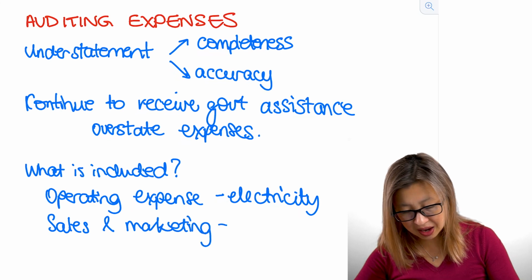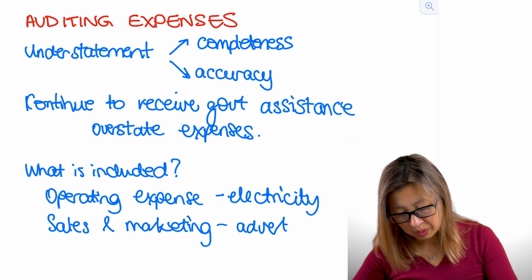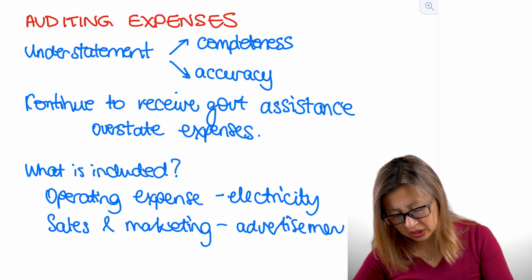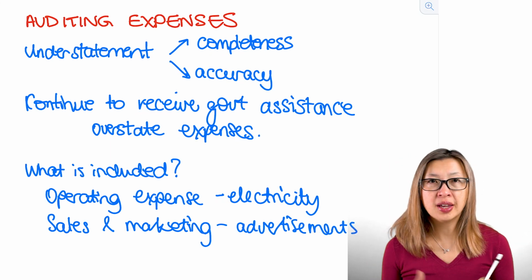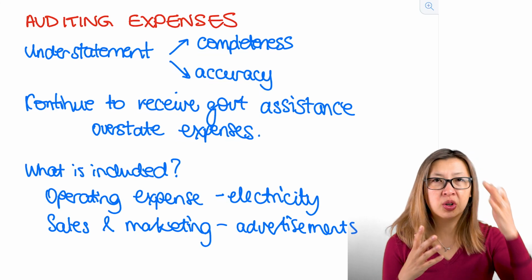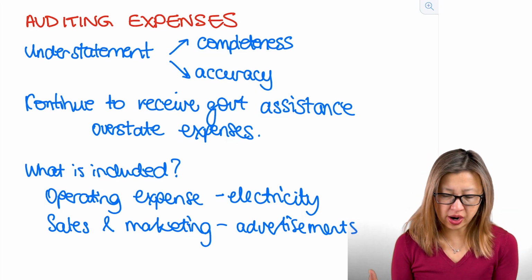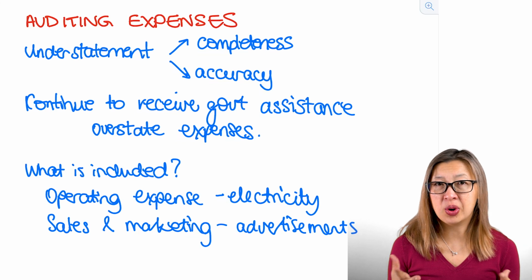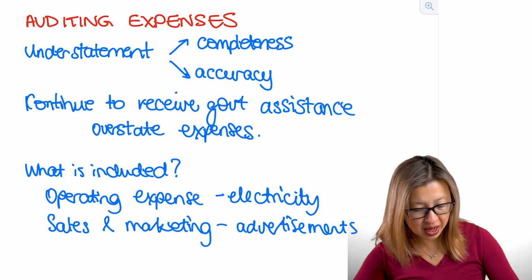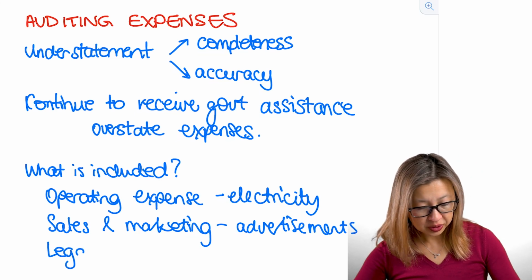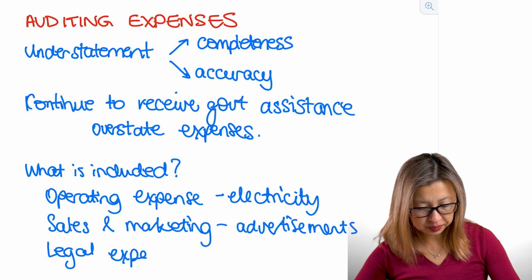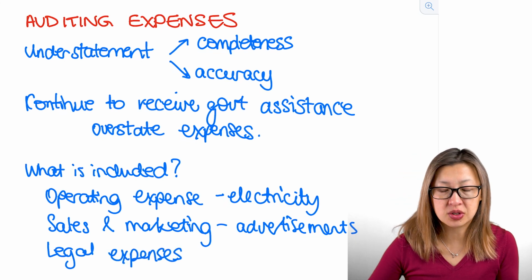So that could be advertisements, packaging, all sorts of other things. So in terms of looking at the expenses, again, I'm not going to identify any specific ones, but the process for auditing them is all the same. You've got sales and marketing, you could have legal expenses, all types of different things could come in here.